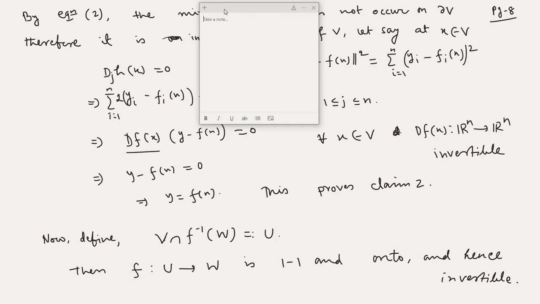Next is page number 9. Now finally we have to show continuity of F inverse and differentiability of F inverse.